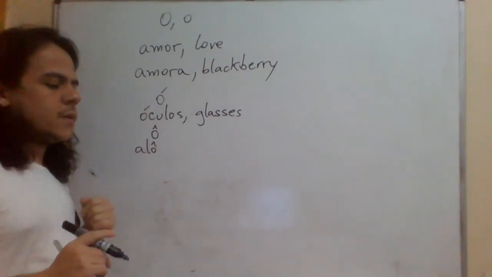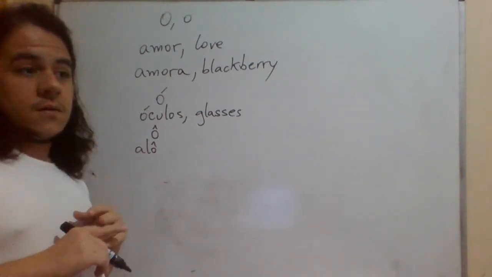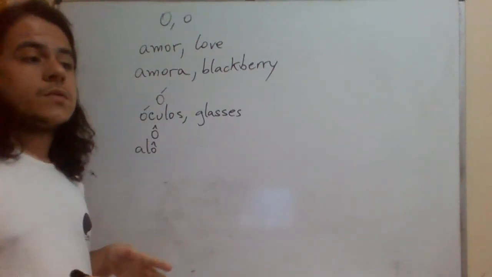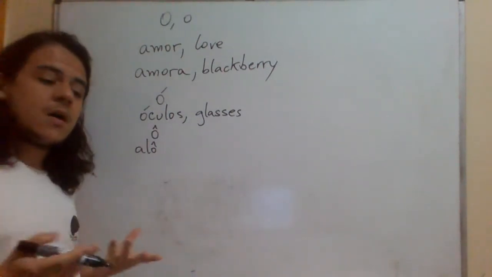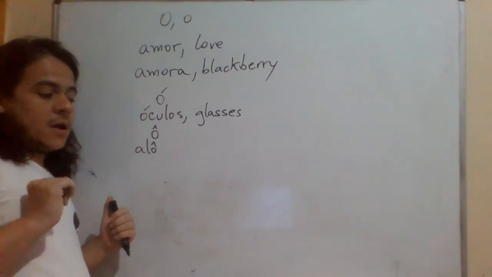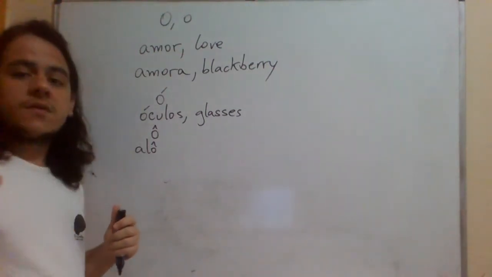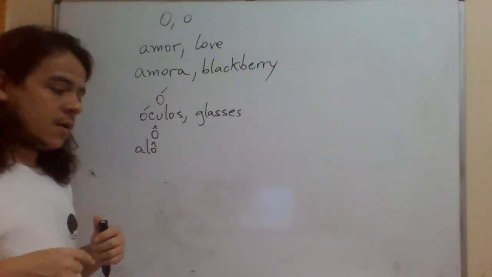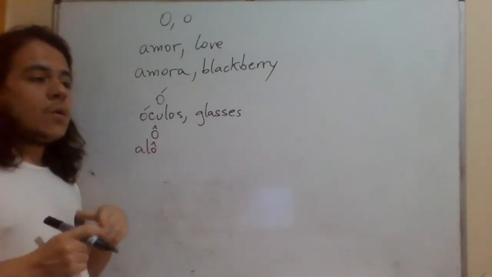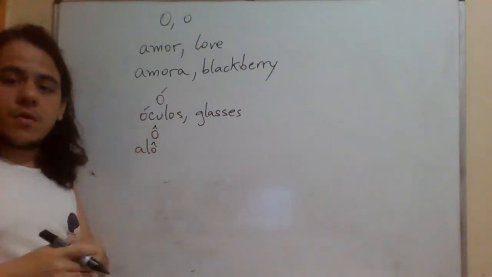Letter O can, as all the other vowels, have the nasal sound. So letter O will have a nasal sound before letters M and N, and when letter O has the chill above it.